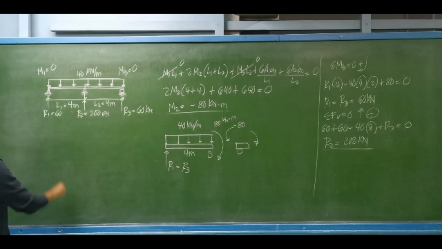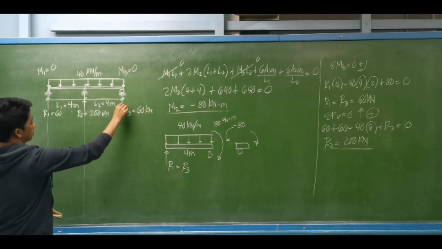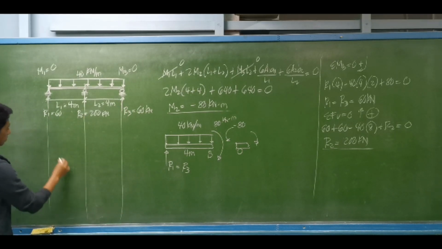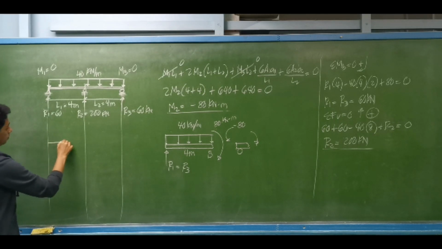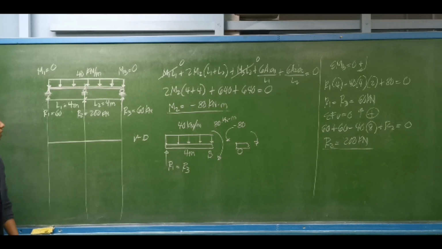Okay, so let us draw the shear and moment diagram, starting with the shear diagram. Starting on the left end, we have a positive reaction of 60 kilonewtons.